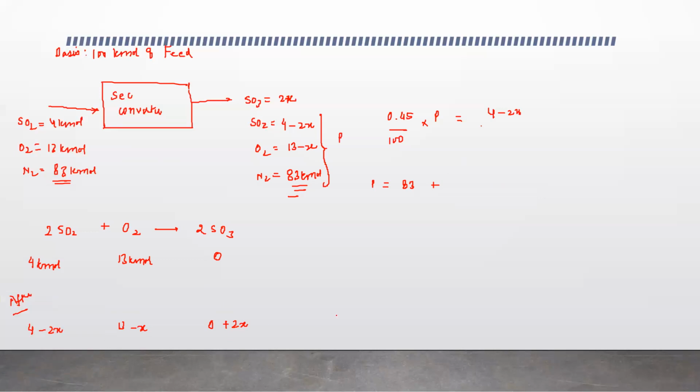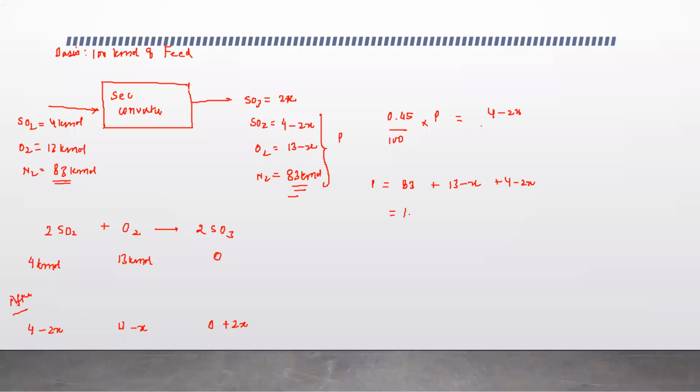Right. So on an SO3 free basis, it is 83 plus 13 minus x plus 4 minus 2x, right? That is going to be your result, 83 plus 13 minus x plus 4 minus 2x.